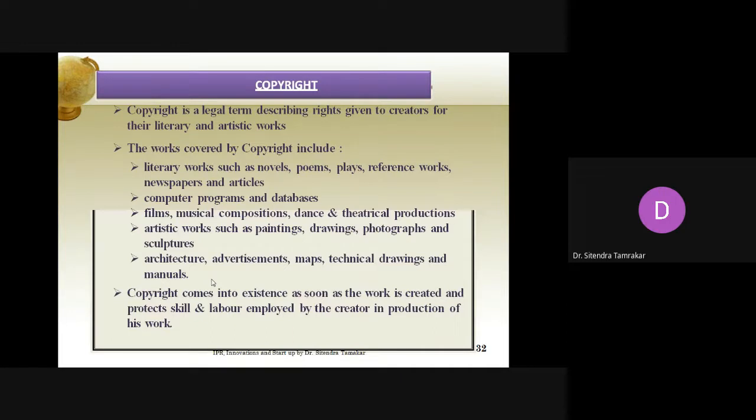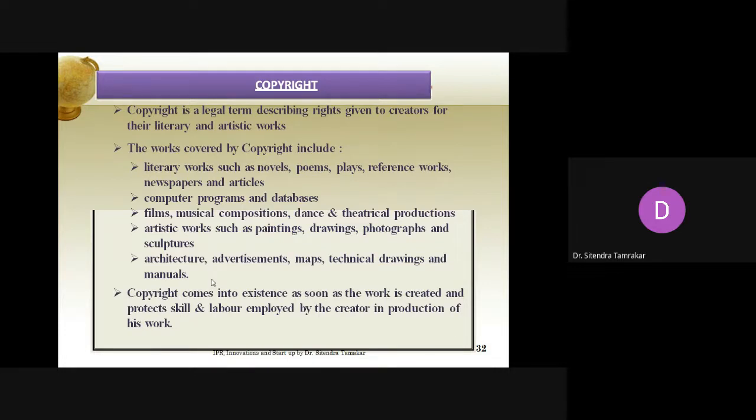And also, even if your work is almost 100% copied, you can go for the copyright. But this is 100% illegal. Even if your work is plagiarized, you can send it for copyright, and that might get accepted and published, and you can get the copyright also.